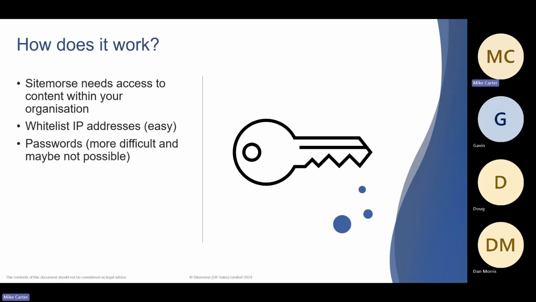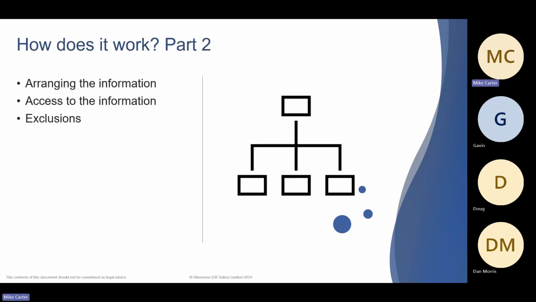And once that happens, then we're on to part 2, which is often a longer part of the engagement and the project. And that is arranging the information, access to the information and configuration, including exclusions and so on.